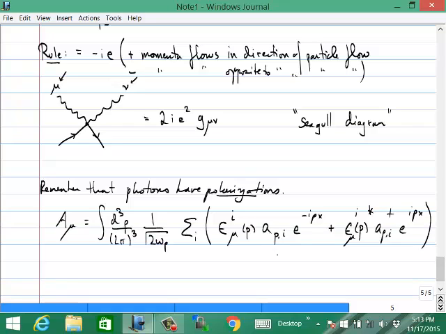So here, A sub p i, for example, is the operator that creates a photon of momentum p and polarization epsilon I. Okay.